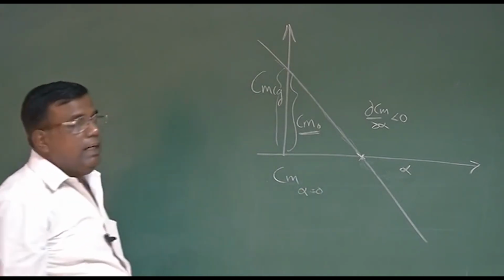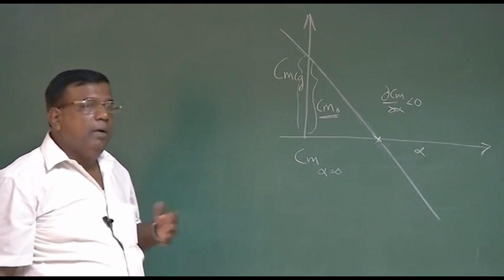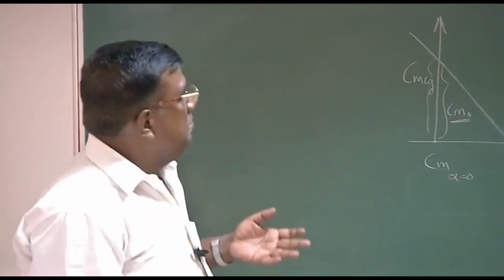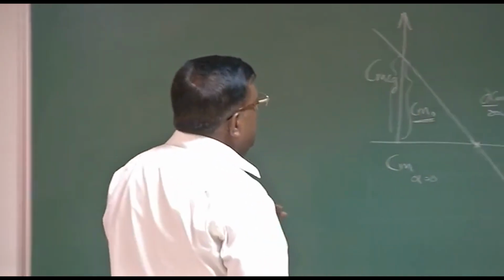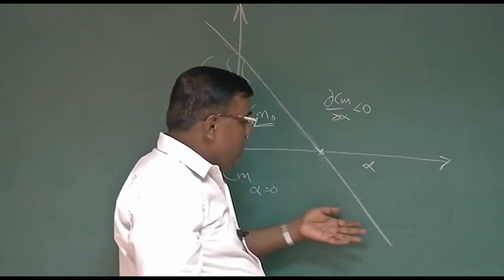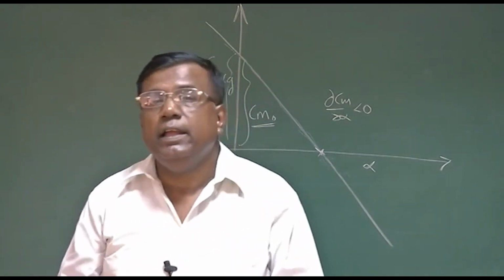If I could generate that, then the moment the airplane goes to that alpha, the requisite velocity, it will automatically generate Cm naught, because the configurations are laid out like that. I need not put any elevator at that point, and that is a very efficient way of flying, because if you put elevator, it will have some drag.